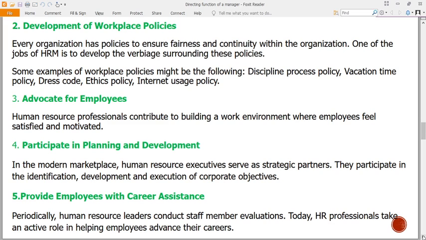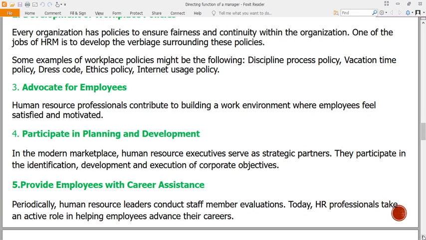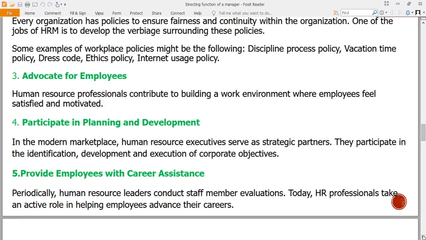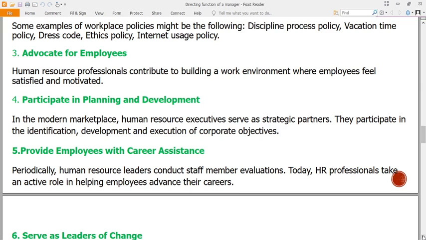This is always the work of the human resource manager, who can also be the agribusiness manager, then advocating for employees. The human resource manager should always work as a bridge between the employees and top management, then participating in planning and development at the higher levels of planning, then providing employees with career guidance.